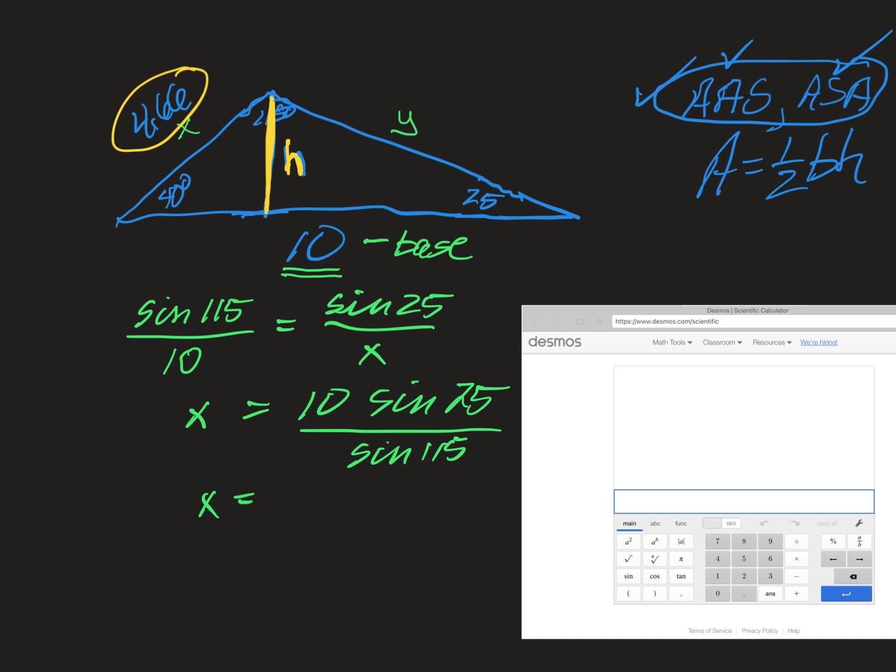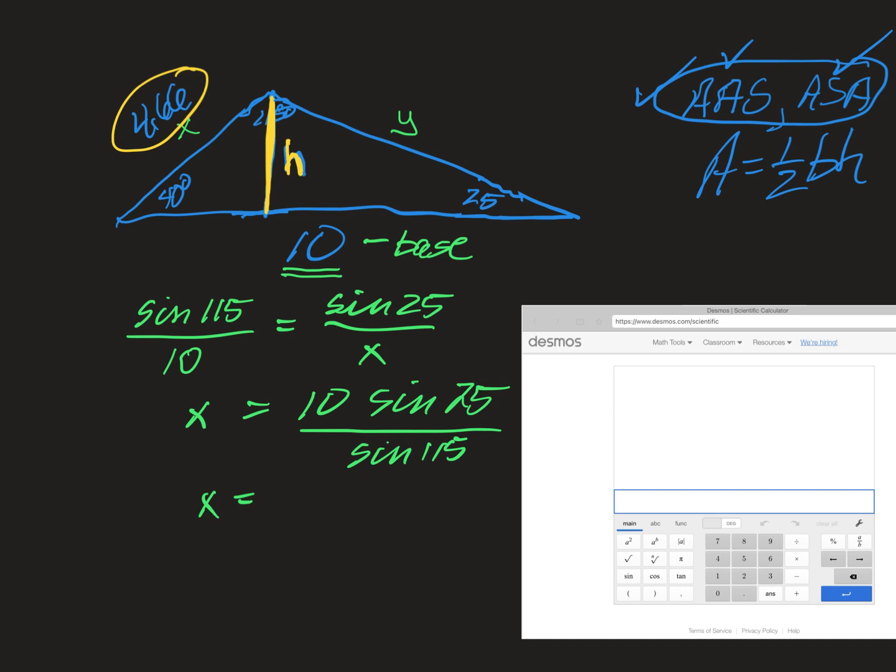And I can put 4.66 here, but I'll get round off error. So I'm going to put 10 sine 25 over sine 115. Now, I'm keeping that for this problem only. On my calculator, what I've got down here, that's the answer key. So I use the answer key not to have round off error. So my answer here will be on my calculator, the answer key times the sine of 40 equals h.